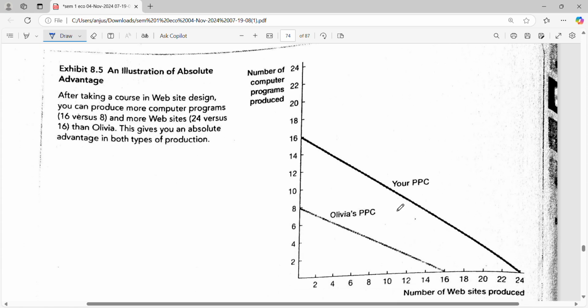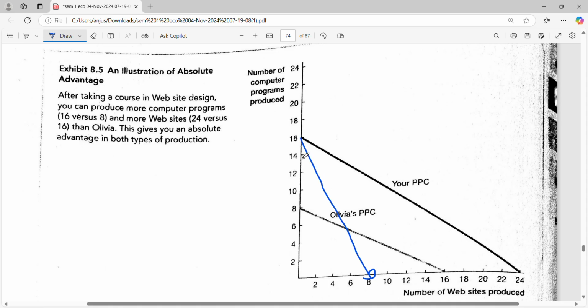Next is another absolute advantage. After taking a course in website design, you can produce more computer programs and more websites than Olivia, because earlier you could only produce 8 websites, right? Earlier your PPC was like this.